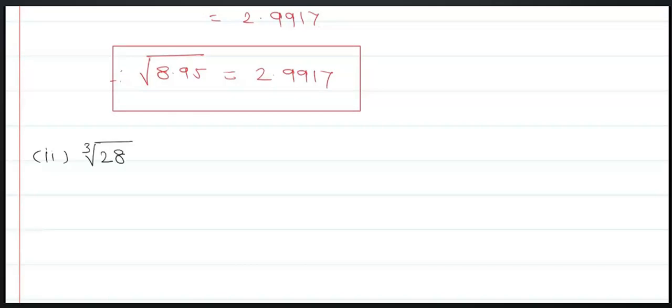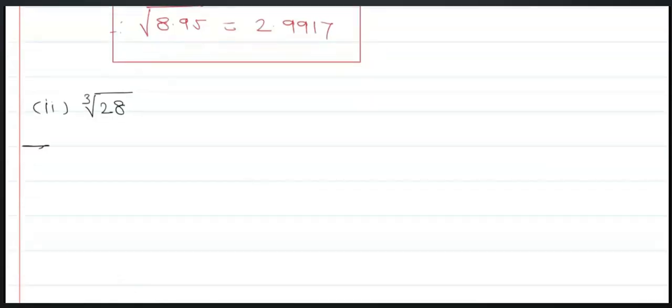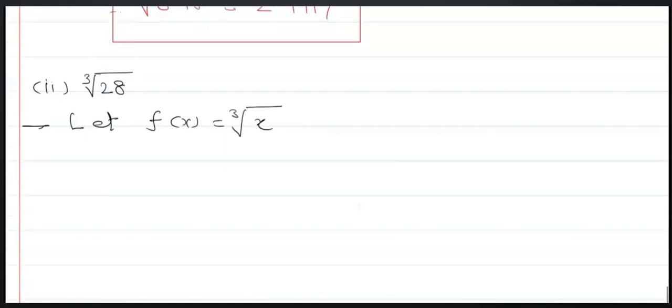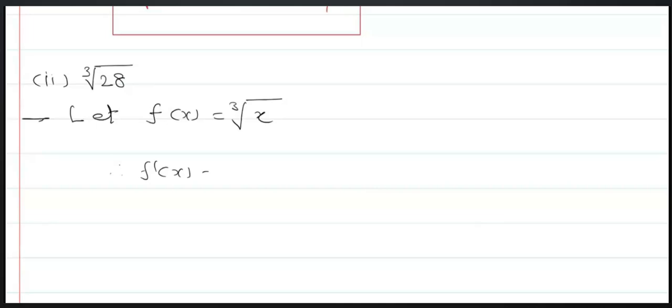Now the cubic root of 28. Let f of x is equal to cubic root of x. f dash of x is the derivative of x raised to 1 upon 3, that is 1 upon 3 x raised to minus 2 by 3.